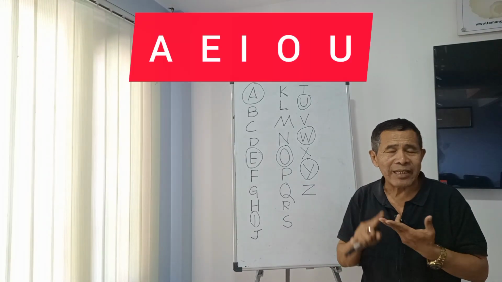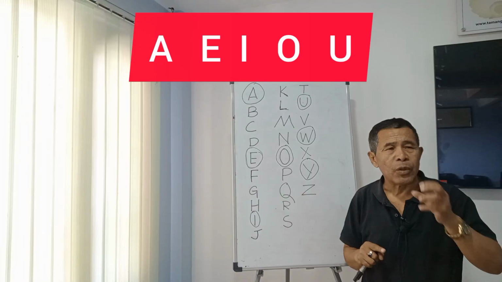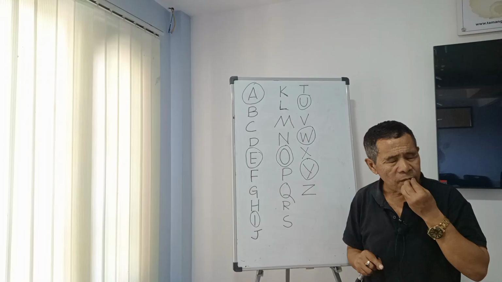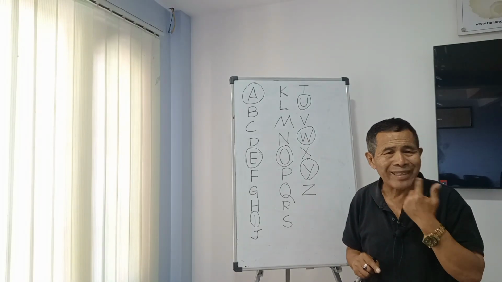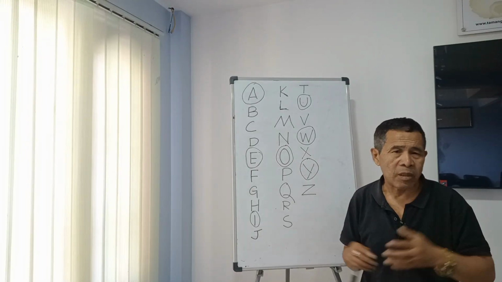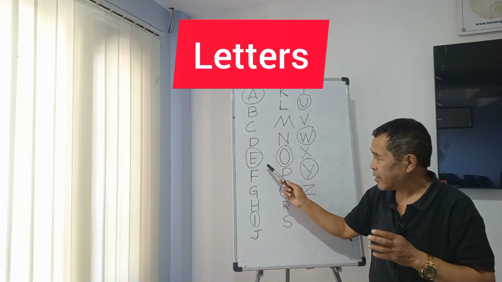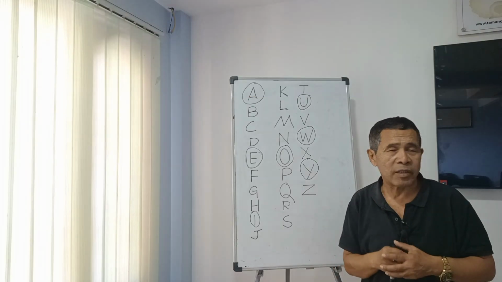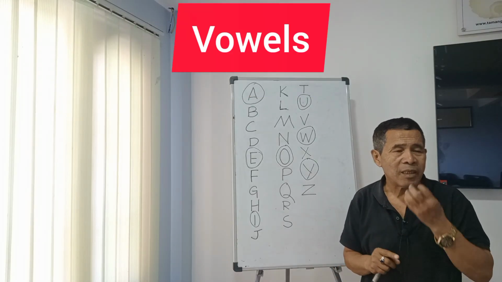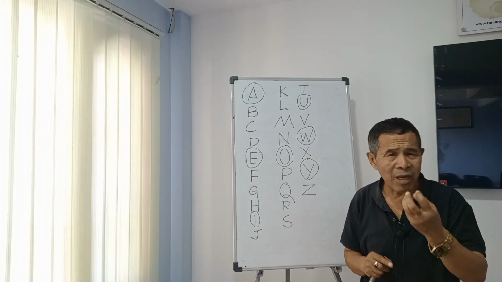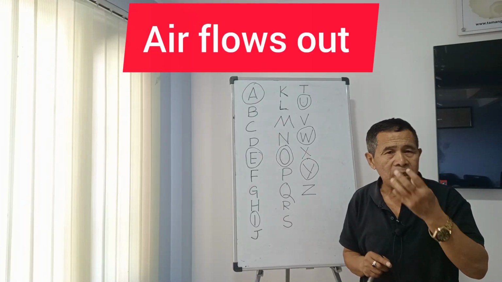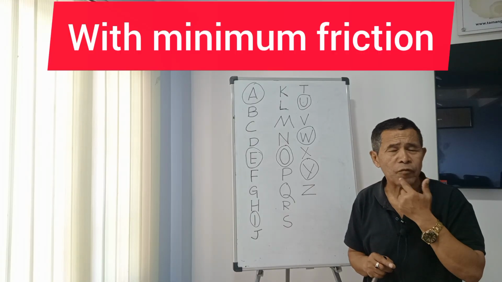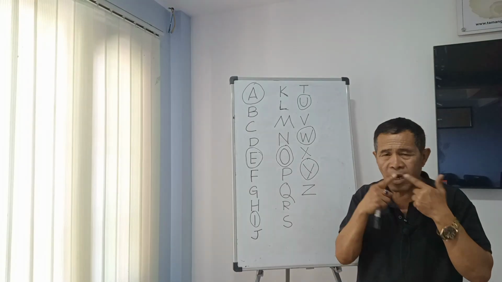So A, E, I, O, U. When we produce the sound, there is minimum friction of lips, teeth, tongue, or my throat. Letters A, E, I, O, U, we call vowels. Please keep in mind, when we produce the sound, air flows out with minimum friction in any part of my mouth.